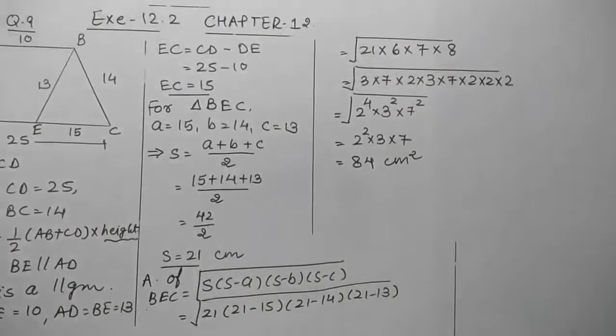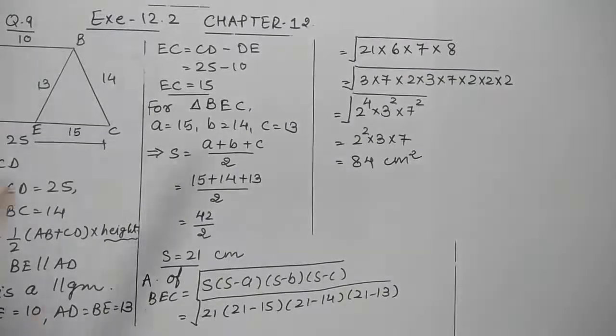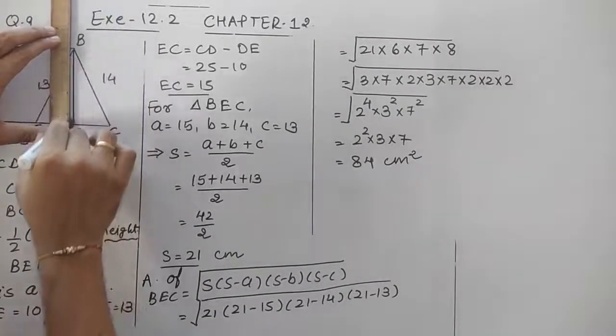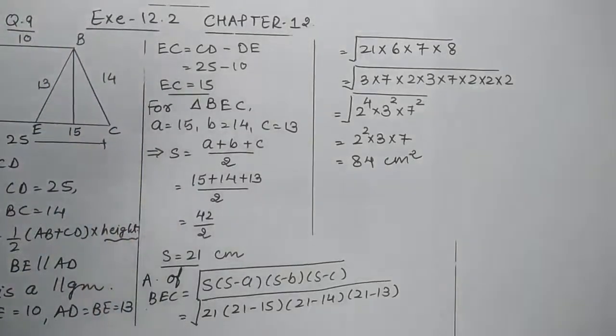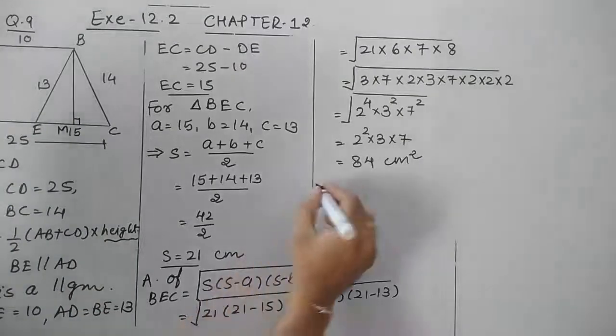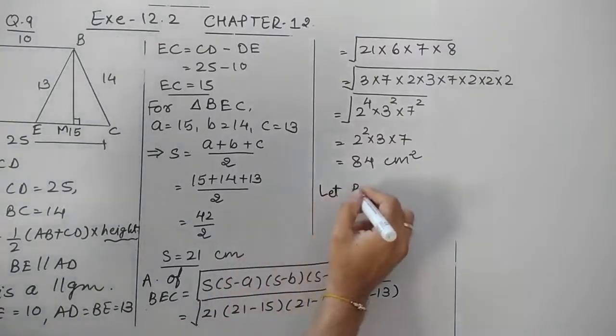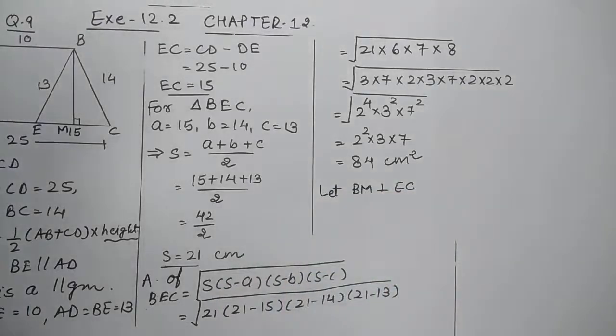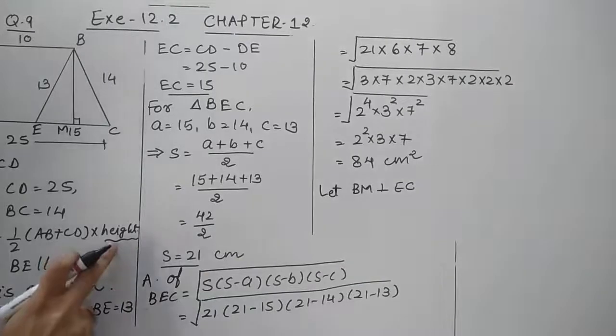Let me show you in the diagram. This is the triangle, and I'll construct a perpendicular from B to EC. This is the perpendicular. Let me give the name BM. So let's construct BM perpendicular to EC.